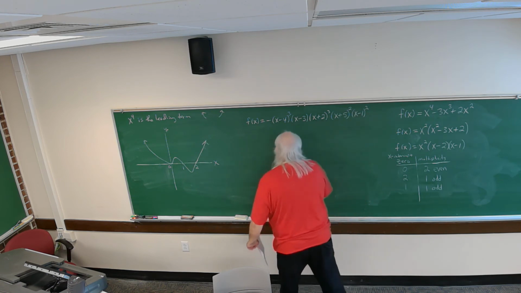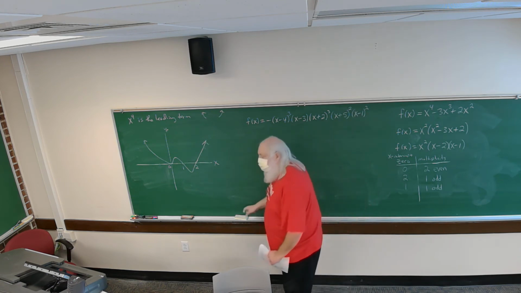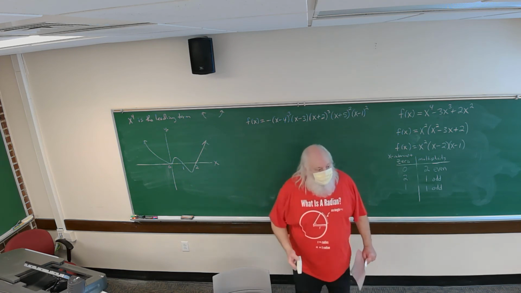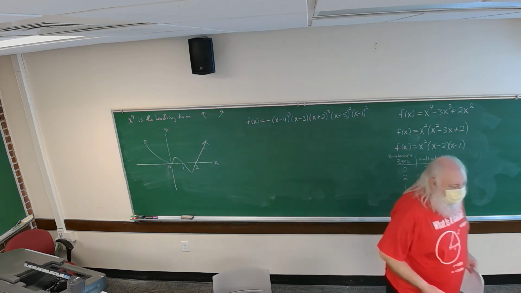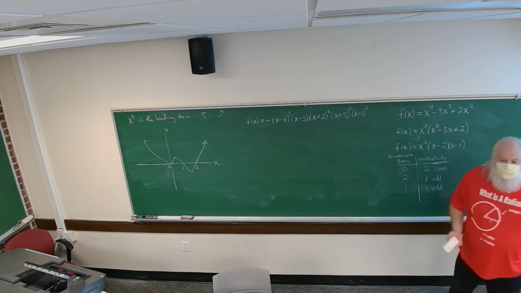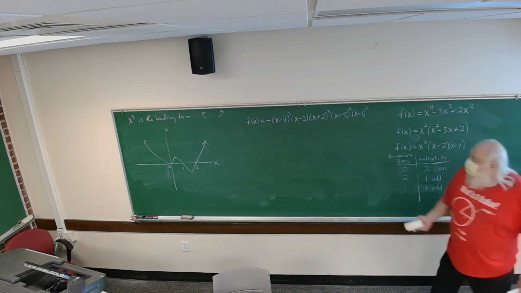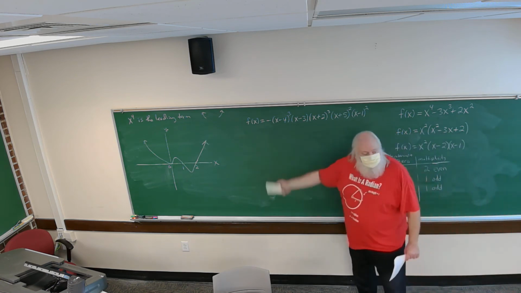Okay? So how many x-intercepts are there in the graph of this polynomial function? 5, right? So 1, 2, 3, 4, 5 factors.